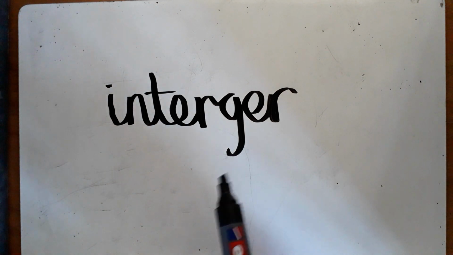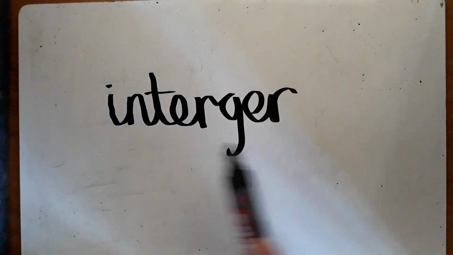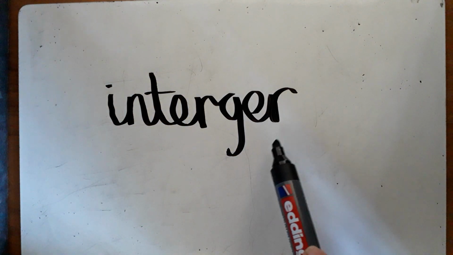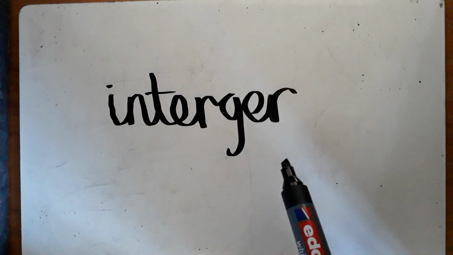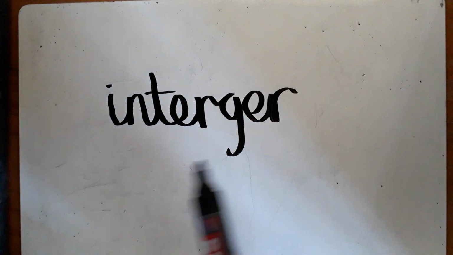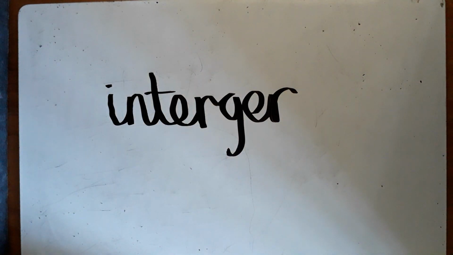That's all it is. It's just a word that means whole number. There is no decimal and no fraction when you have an integer. So when you are asked to round to the nearest integer, they're asking you to round to the nearest whole number.